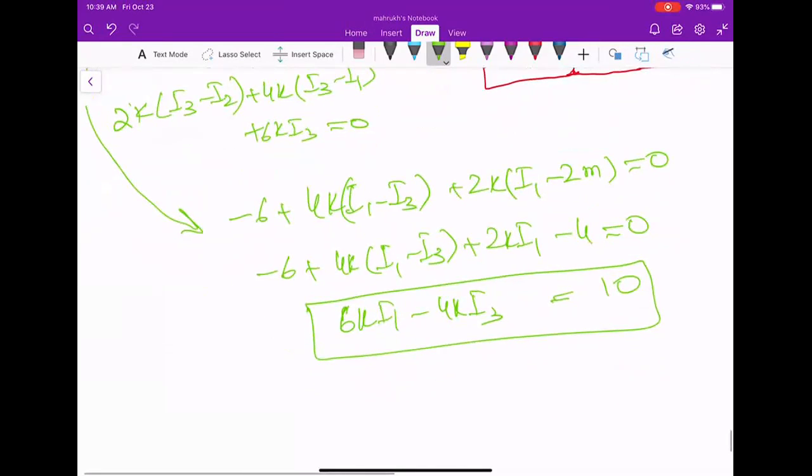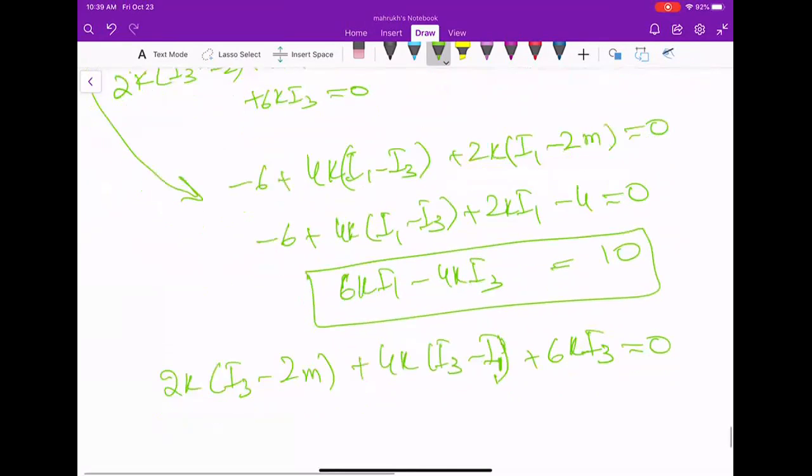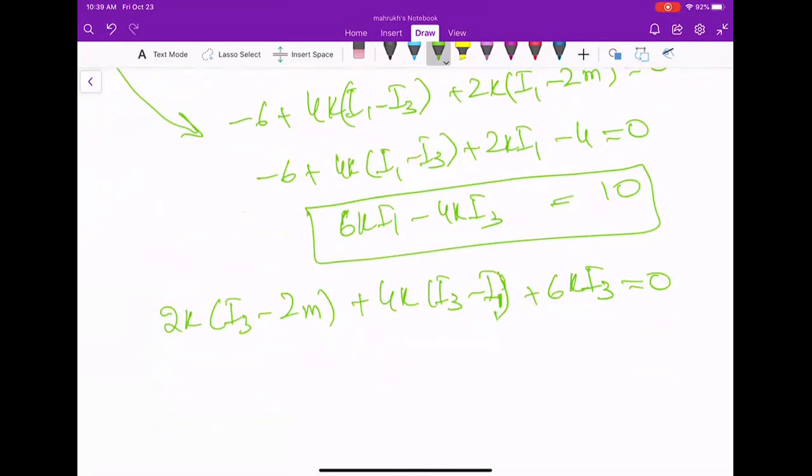My second equation will be: if I add the I3 terms, 2 plus 4 is 6, 6 plus 6 is 12, so 12K I3 minus 4K I1, and it's equal to 4. Okay, so this is my second equation.